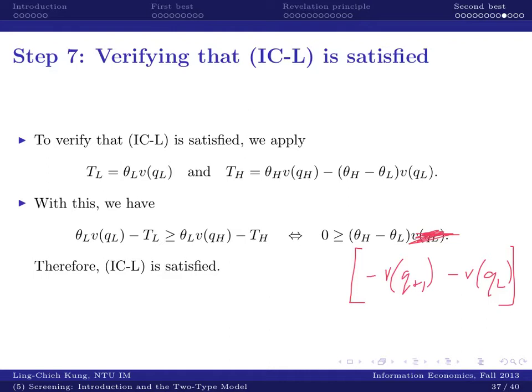But anyway, you can show that the right hand side should be negative and the ICL is indeed satisfied. Okay, so technically that tells us definitely the solution we found in the previous slides is optimal. Also this verifies our conjecture or intuition that ICL will always be satisfied by any optimal solution. So that means, as long as our contract makes sense, the low valuation consumer will not claim he has a high valuation.